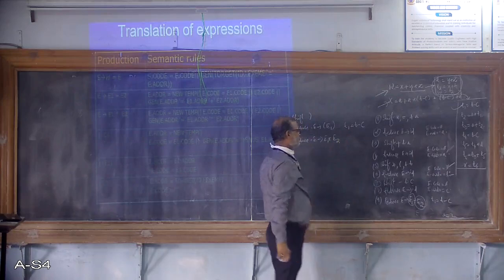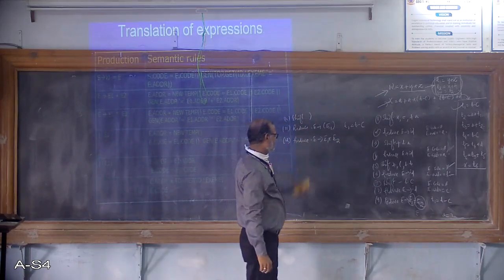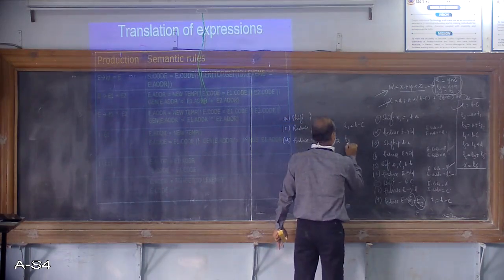So what is the new 3 address code that is generated? Before that, you request a temporary, let me say it is T2.